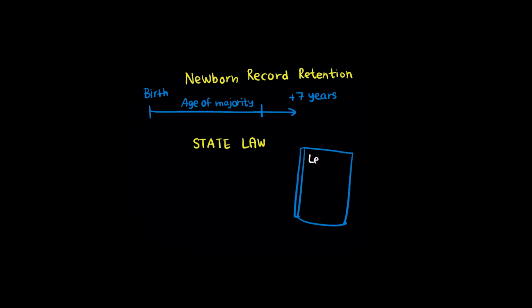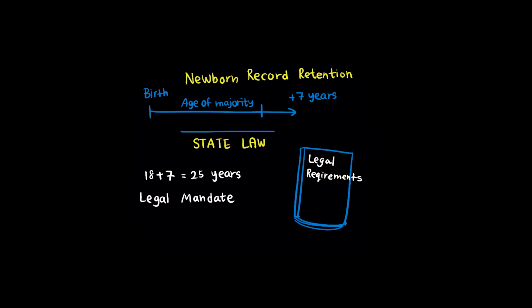This isn't based on physician preferences or available storage capacity, which are practical considerations but don't determine legal requirements. The age of majority varies by state, typically 18 or 21, meaning newborn records might need retention for 25 to 28 years. Technology available influences how records are stored, but doesn't change the legally required retention period established by state statute.